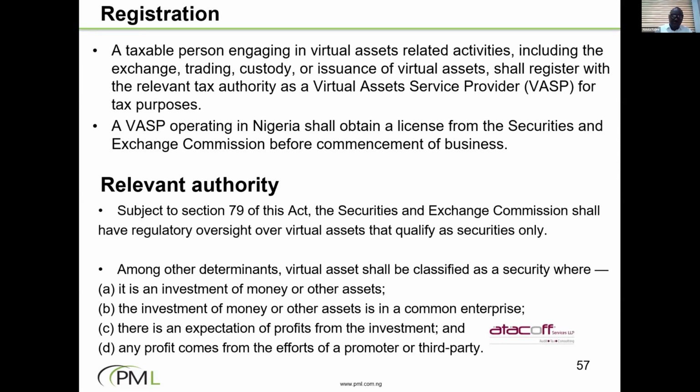You've obtained permission from the Security and Exchange Commission before, and the Security and Exchange Commission has the regulatory oversight over virtual assets that qualify as security.